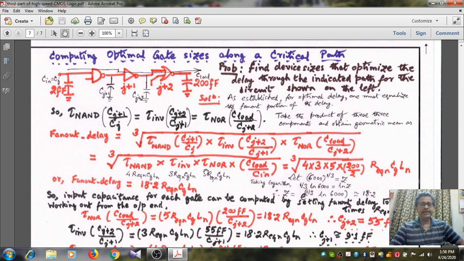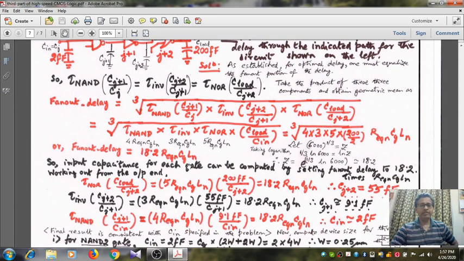And we could clearly find it out by considering the fact that the fan out portion of the delay should be the same for the 3 stages. That means the fan out factor of the NAND gate, Cj plus 1 upon Cj, multiplied by its time constant, equals the fan out factor Cj plus 2 upon Cj plus 1 multiplied by the time constant of the inverter, equals the time constant of the 2 input NOR gate multiplied by its fan out factor, C load by Cj plus 2.